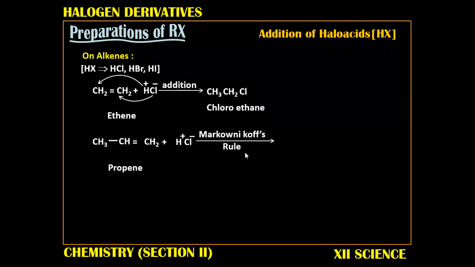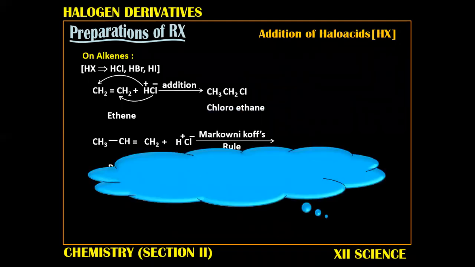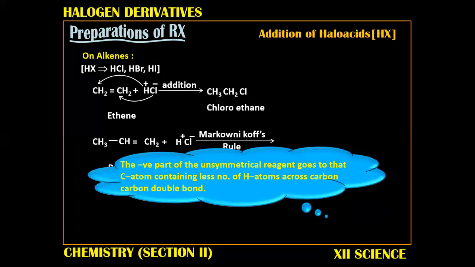Now, those who don't know Markovnikov's rule, write down this as a note separately. The negative part of an unsymmetrical reagent goes to the carbon containing less number of hydrogens across the carbon-carbon double bond.